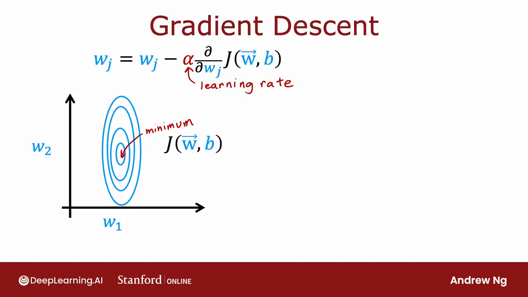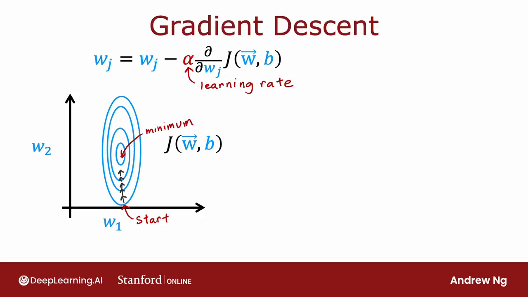Now, if you were to start gradient descent down here, one step of gradient descent, if alpha is small, may take you a little bit in that direction, then another step, then another step, then another step, then another step. And you notice that every single step of gradient descent is pretty much going in the same direction. And if you see this to be the case, you might wonder, well, why don't we make alpha bigger?